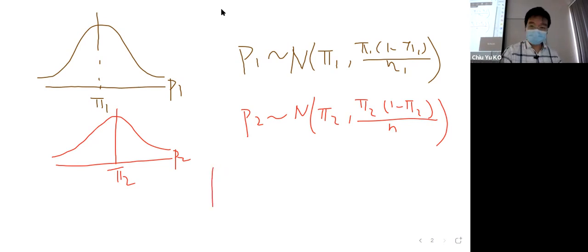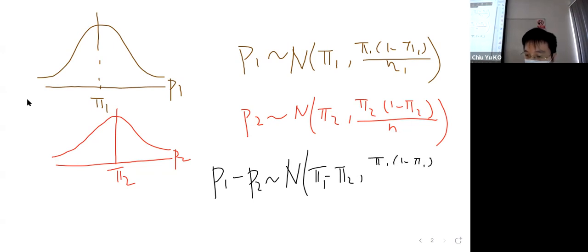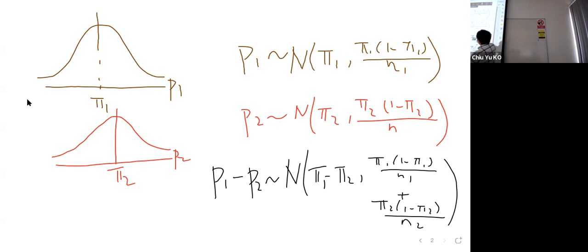That means P1 minus P2 is normal with variance pi 1 times 1 minus pi 1 over n1 plus pi 2 times 1 minus pi 2 over n2. So you subtract their means but add their variances.